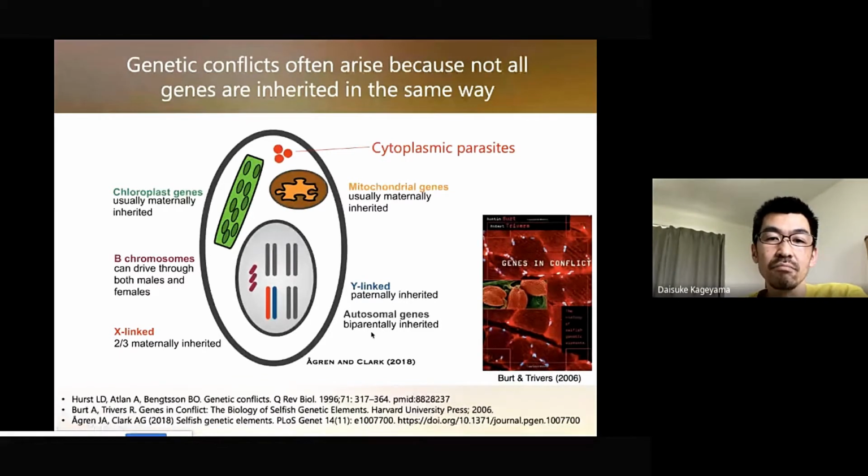For example, for a cytoplasmic parasite, it is more advantageous to bias the sex ratio toward females, because females can only transmit the element to the next generation. Such examples and case studies are summarized in this book, Genes and Conflicts, written by Burt and Trivers.